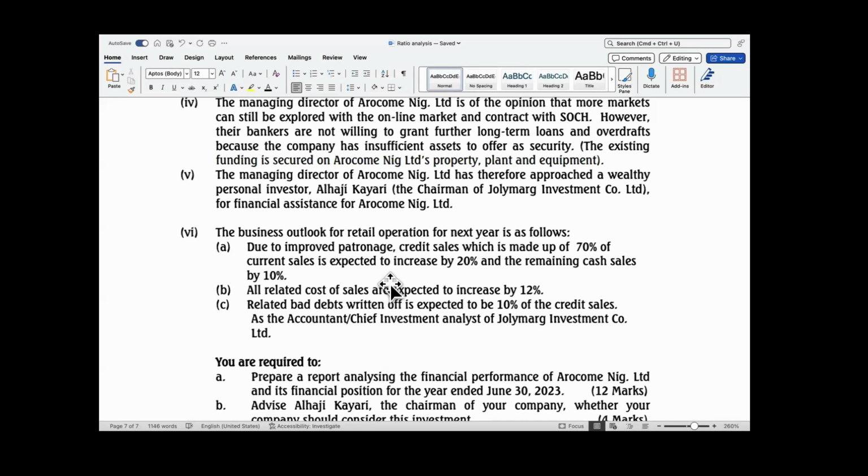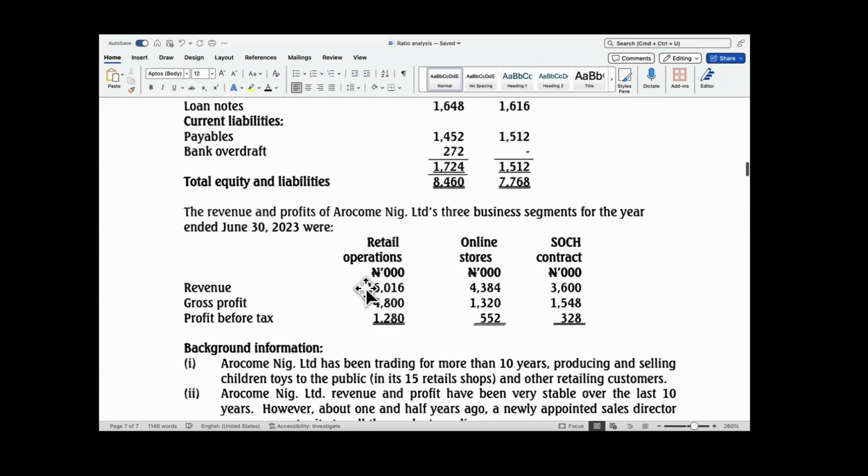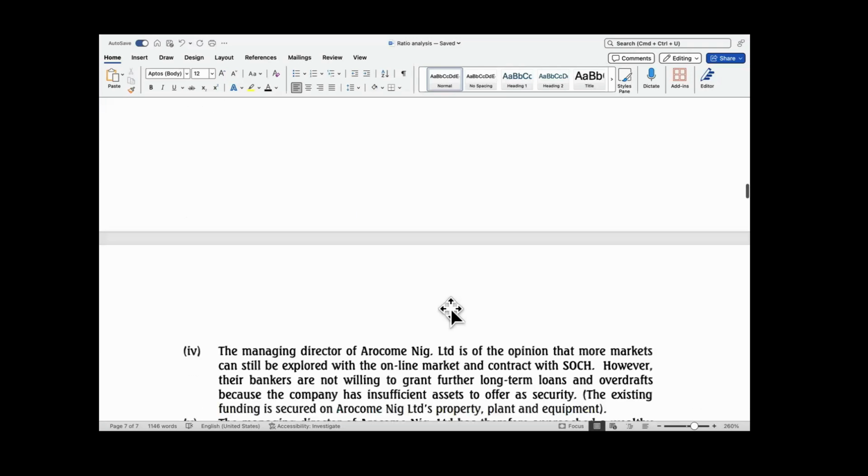Let me see. They broke down sales into credit and cash. And what's the sales of the retail operations? 16,016. So they said that 70% of this 16,016 is credit, while the balance is cash.